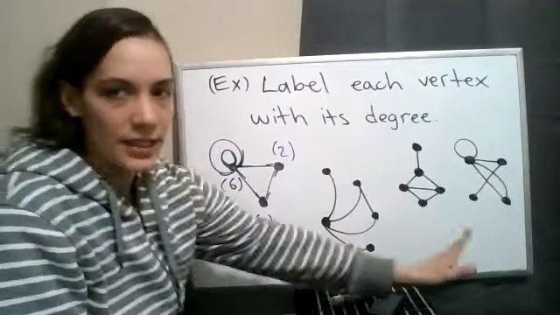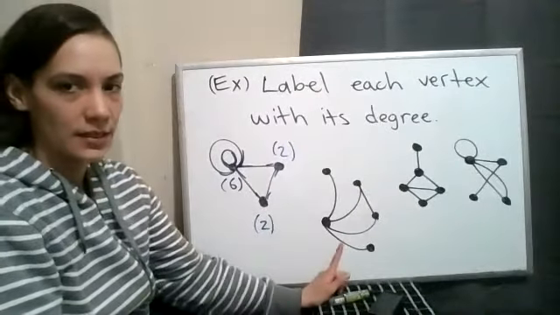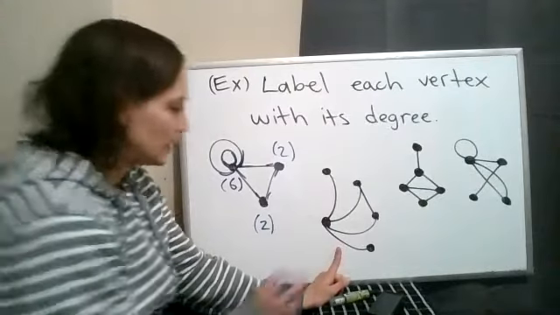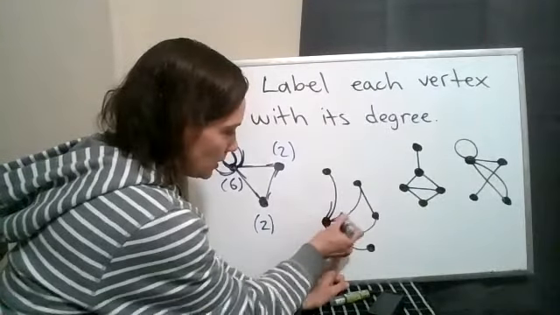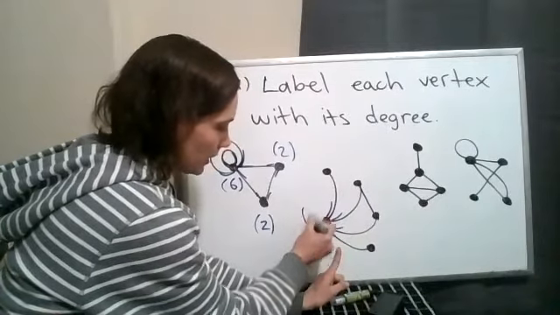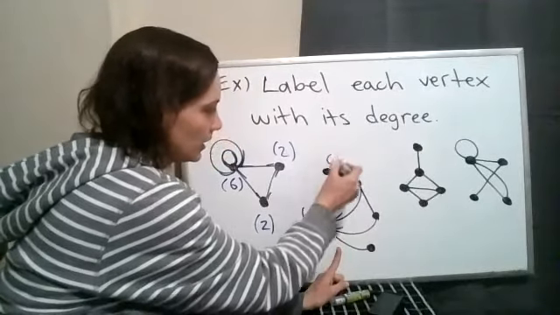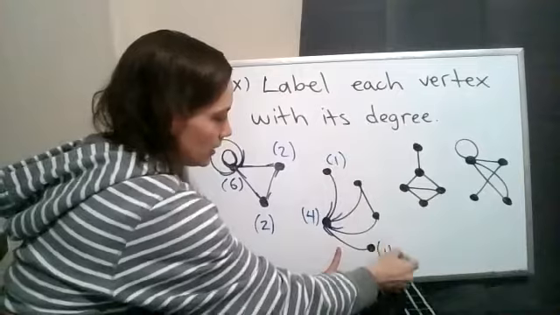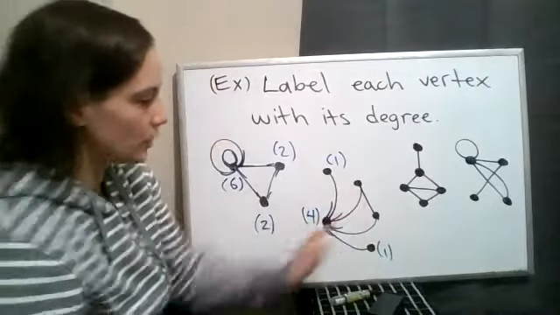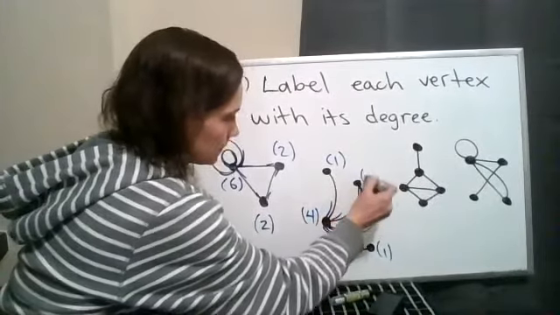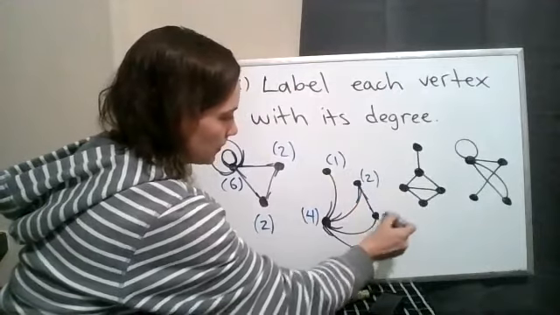So this is all the same graph, and we're on the next component with degree 1, 2, 3, 4. Degree 2 and 2.